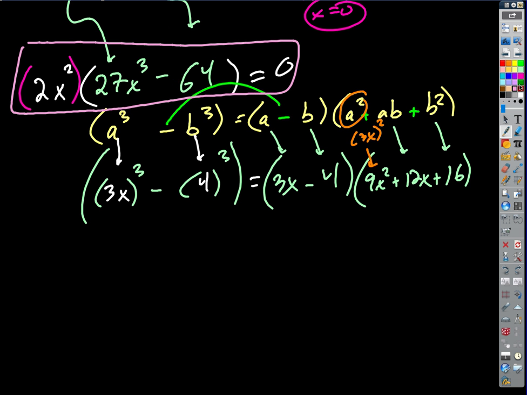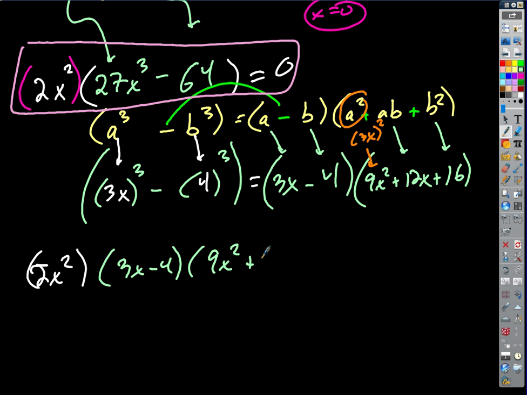Now we can write it as 2x squared times 3x minus 4 times 9x squared plus 12x plus 16.